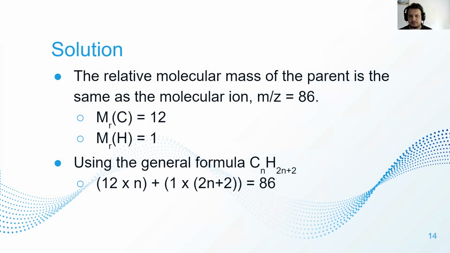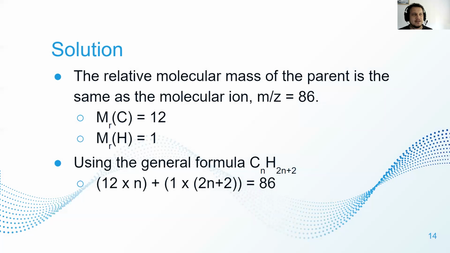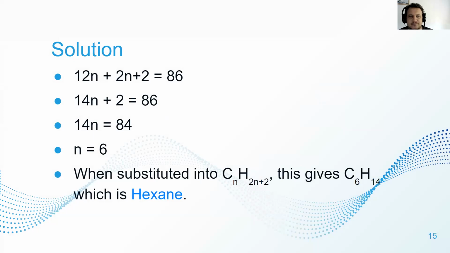So n will be 6, so it'll be C6H14. Perfect, so it's hexane. Like pretty much everything in chemistry, we are using basic algebra: rearrange, solve. When we substitute the 6 back into n, 6 carbons, 2 times 6 plus 2 hydrogens gives us 14.